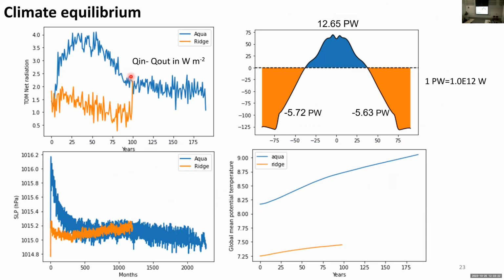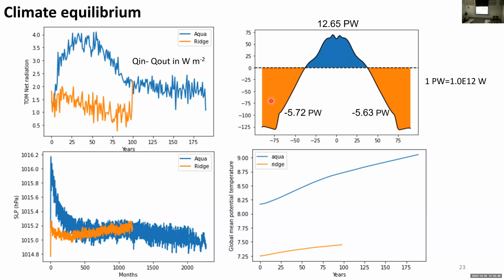If we plot Q in minus Q out per square meter, we will find for the aqua planet the number is positive, so it's still absorbing heat from space. And for the ridge, it is also absorbing heat right now. It's not reaching the steady state.